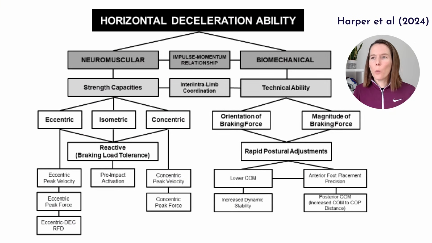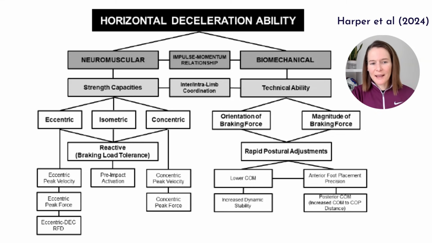An individual's deceleration capacity reflects how well an athlete can reduce their momentum under high braking demands. And yet deceleration capacity isn't just a single quality. In part one, we talked about Damien Harper and his colleagues creating the braking performance framework.